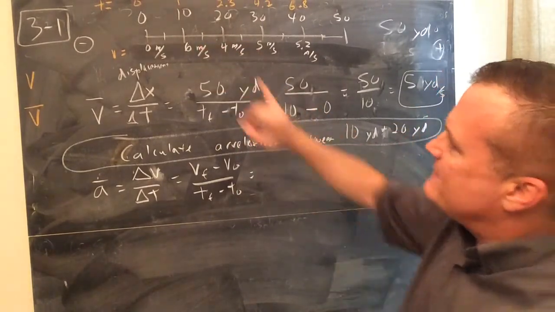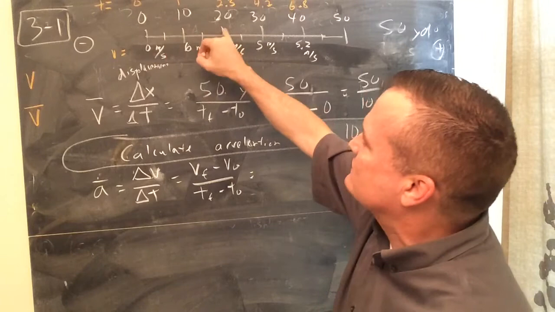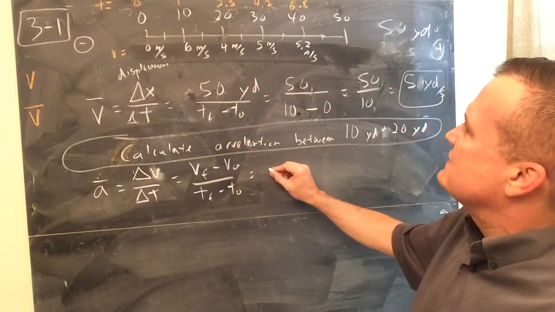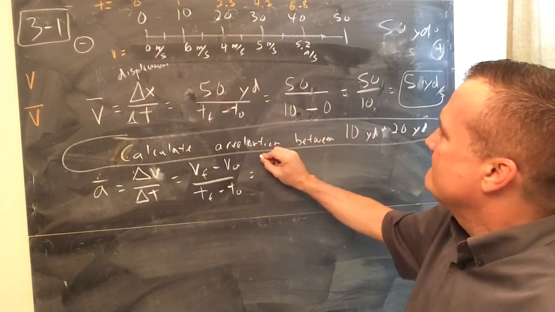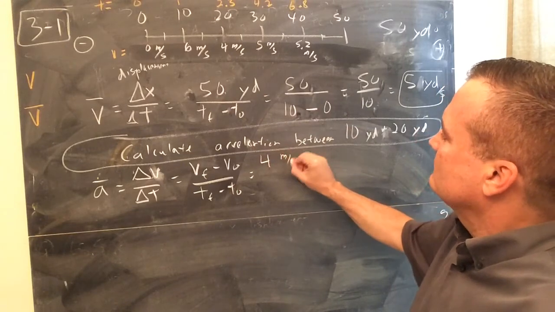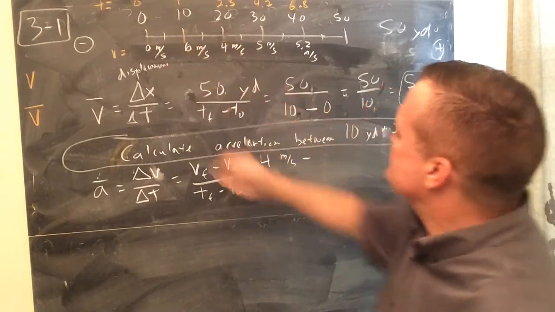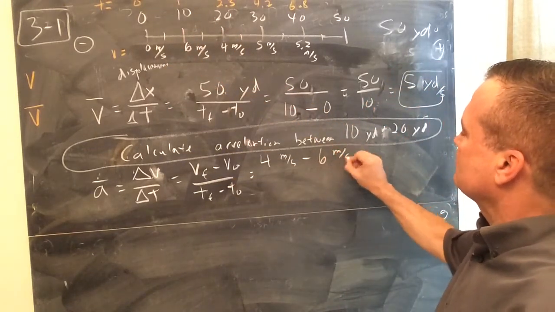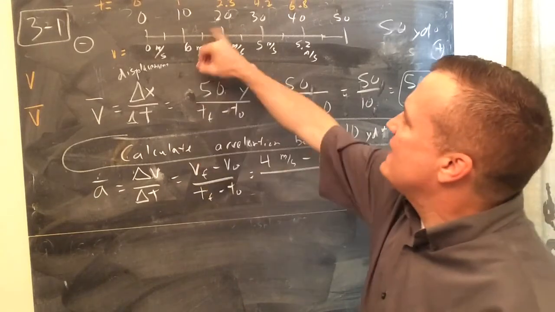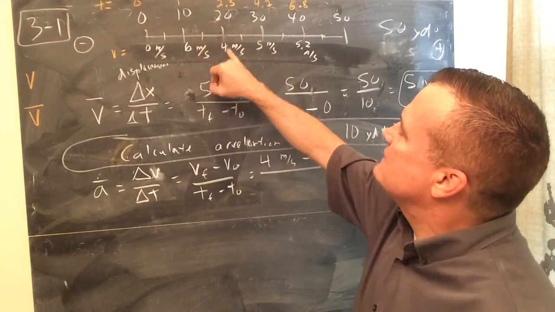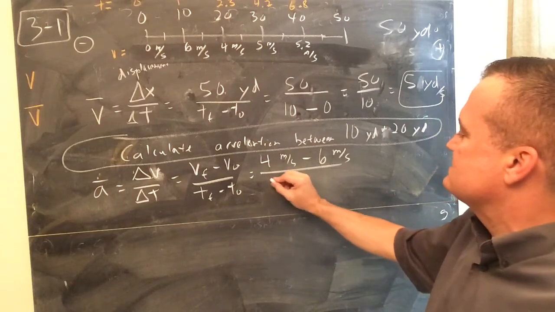Now final would be at the 20, between 10 to 20. So 20 would be your final. So at 20, the velocity was 4 meters per second, minus, at 10, it was 6 meters per second. Your final time to get to 20, we said it took you 2.3 seconds.